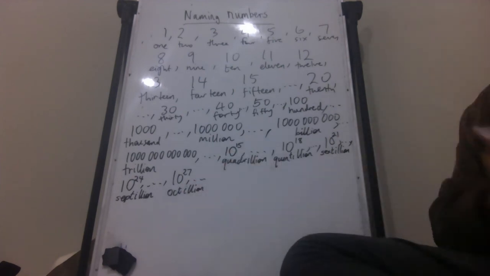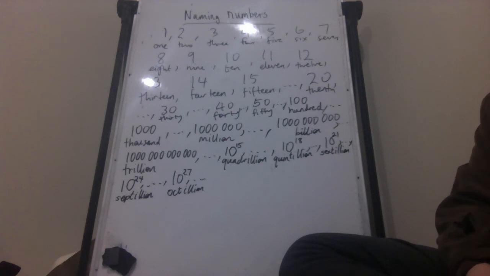Octillion. Oh, like octagon. It's a shape and oct means 8. Or octopus. Or October. October is a bit weird, I guess. September is also a bit weird. So maybe when there were fewer months, October was the 8th month.